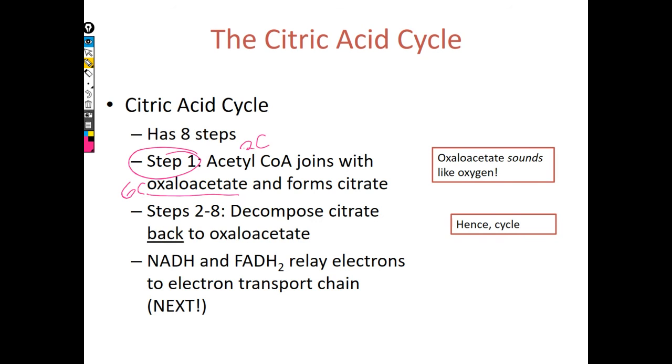All right, so here's the deal. Oxaloacetate, oxalo, oxygen. They sound the same. So that's the compound that makes this aerobic.